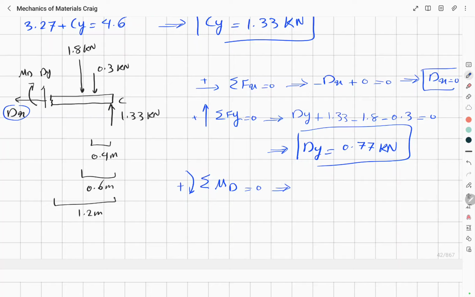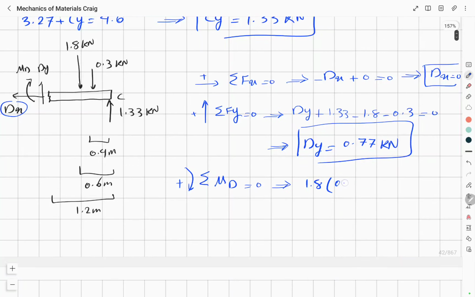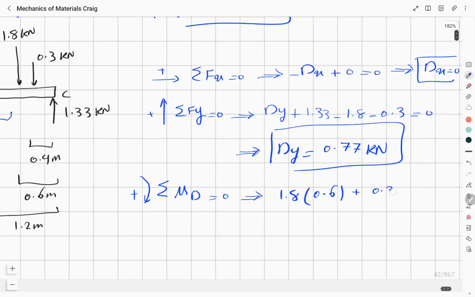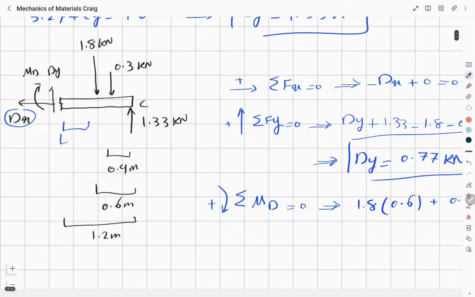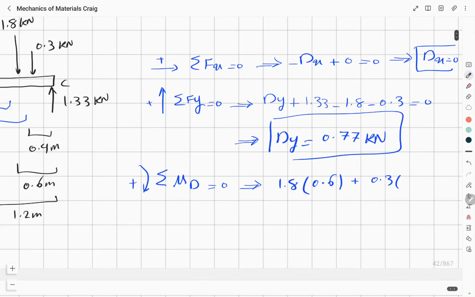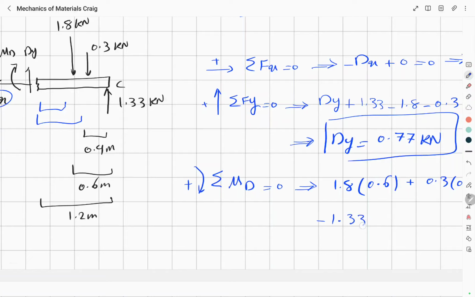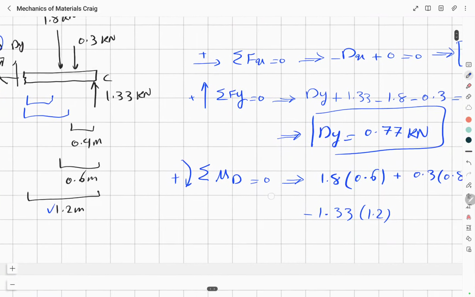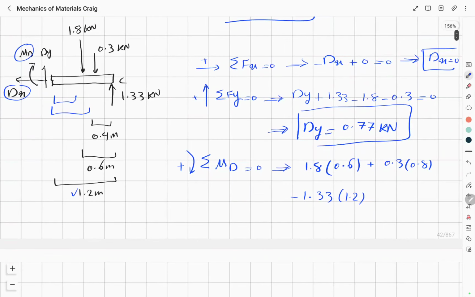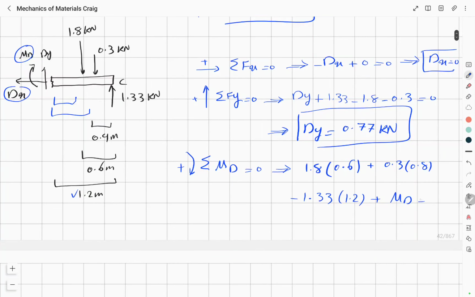So 1.8 multiplied by 0.6, which is this distance, plus 0.3 multiplied by this distance, which is 0.8, minus 1.33 multiplied by this distance, and then we have MD, plus MD is equal to 0.